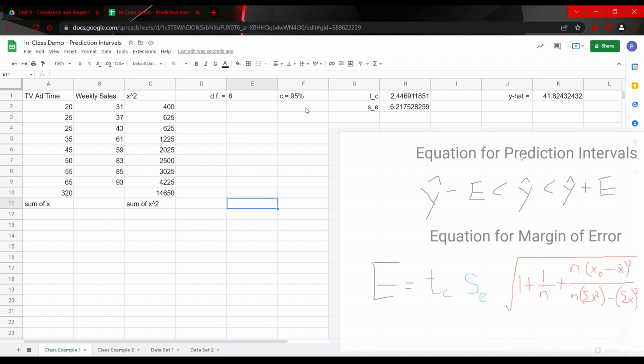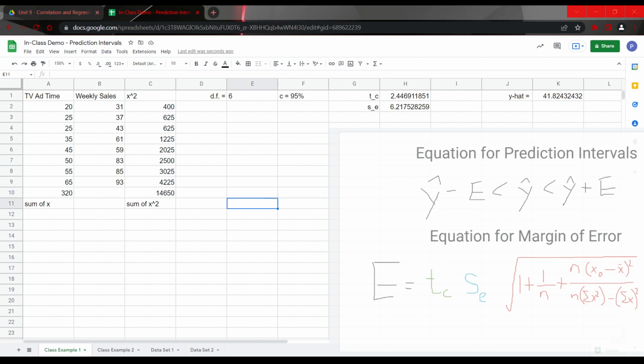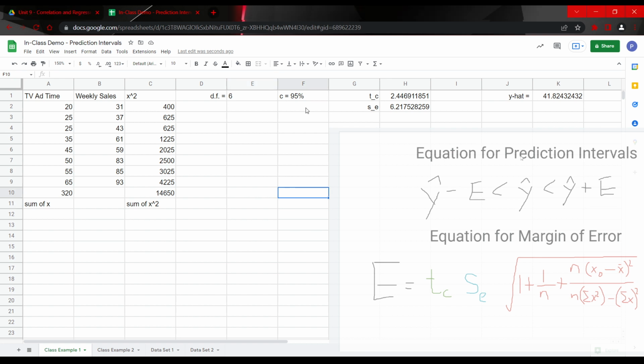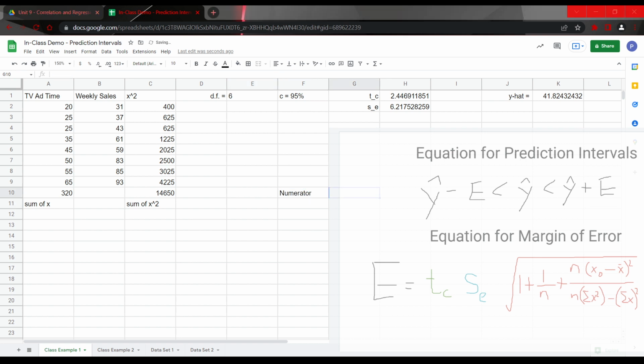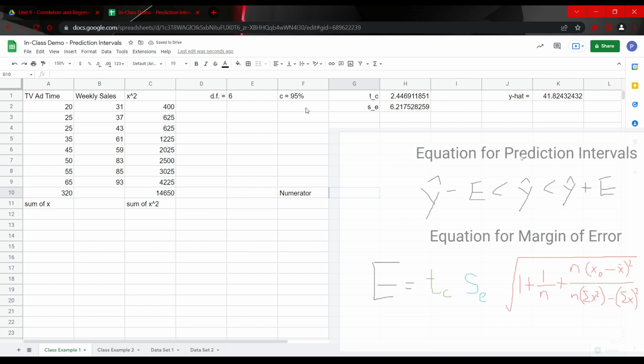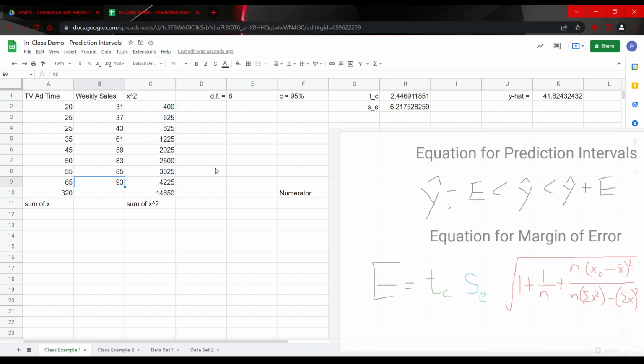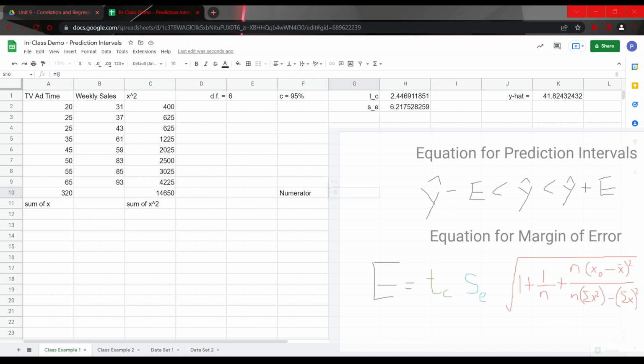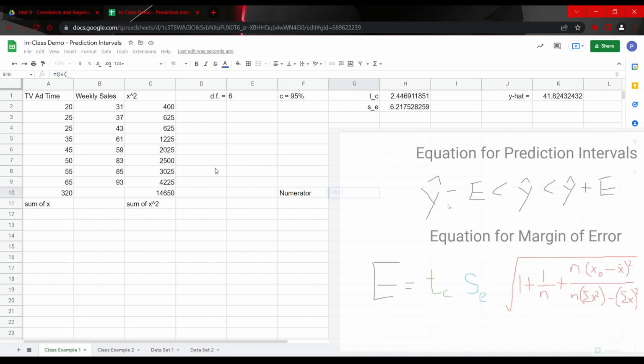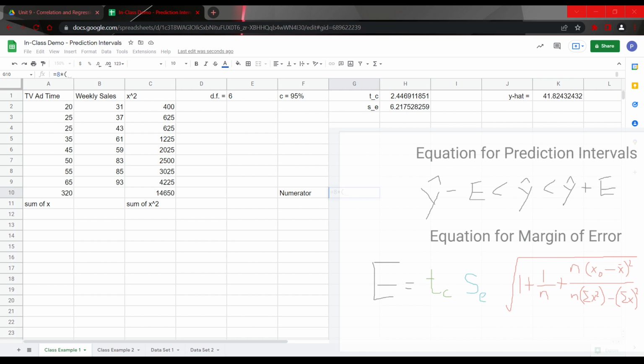So let me do the complicated fraction first. So the numerator is going to be n. So I know n is 8. 1, 2, 3, 4, 5, 6, 7, 8. My numerator is equal to 8 times, and I want x0.